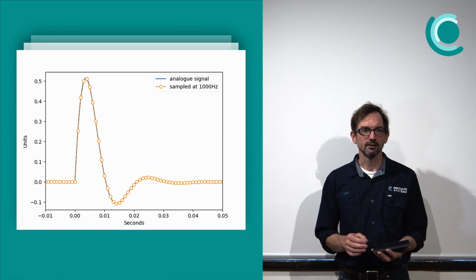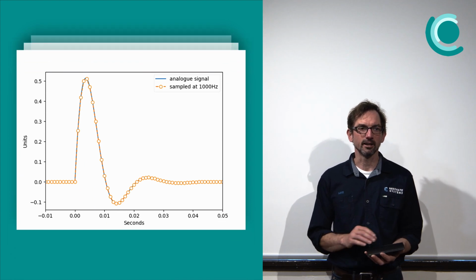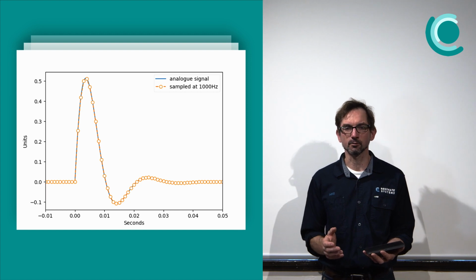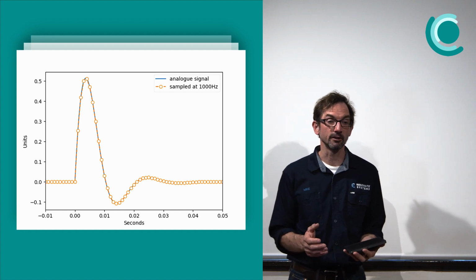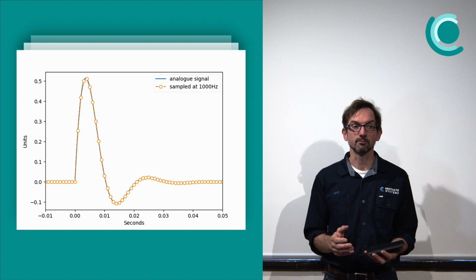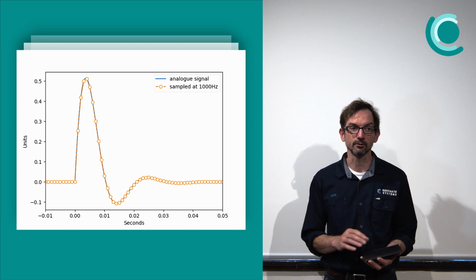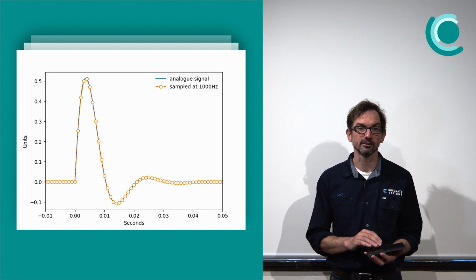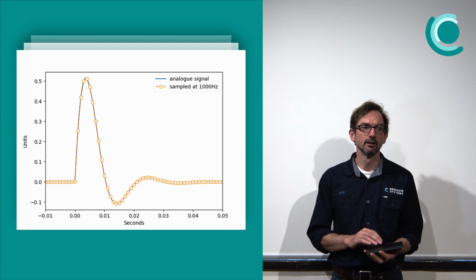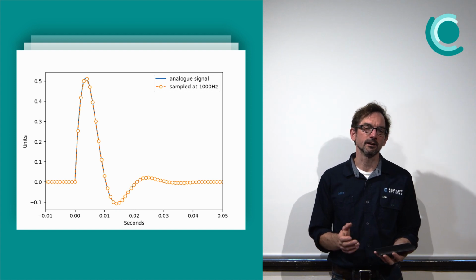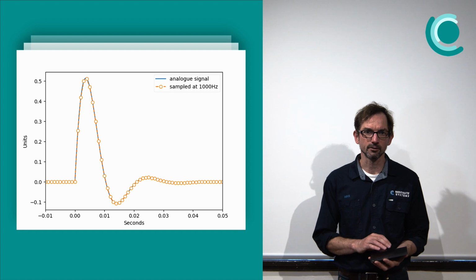So here's what happens when we sample it at a kilohertz. We get a series of dots, and it's quite well represented in terms of the amplitude and also the rise time, and there's plenty of samples per cycle to work out what the detailed shape of the transient is. But a kilohertz seems awfully fast to go if we're just talking about a 50 Hertz pulse.